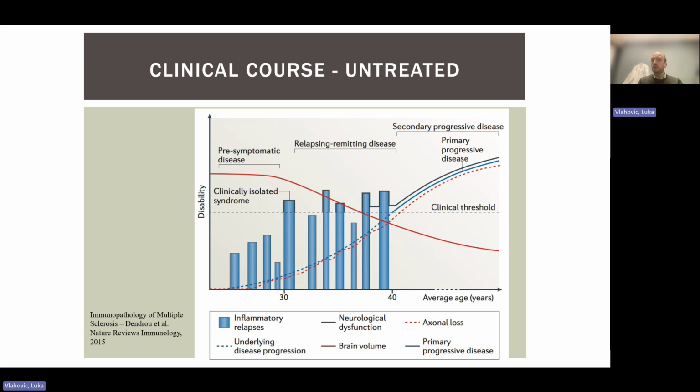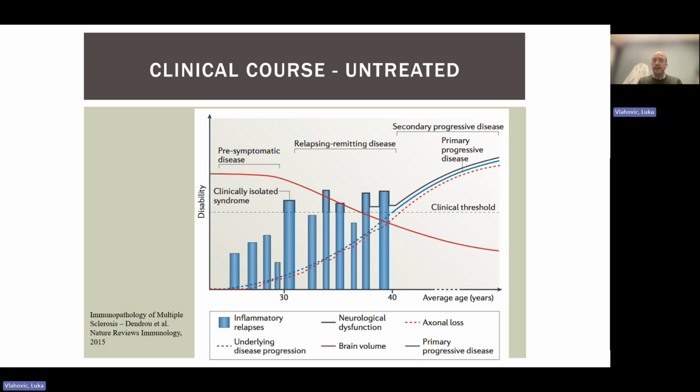Some of them will reach the threshold and present as new persistent symptoms over days and weeks, usually affecting part of the body. And then over the years, approximately 50% of people in 10 years, and perhaps that number is higher if followed longer, will convert to a secondary progressive course that I just mentioned on the previous slide.